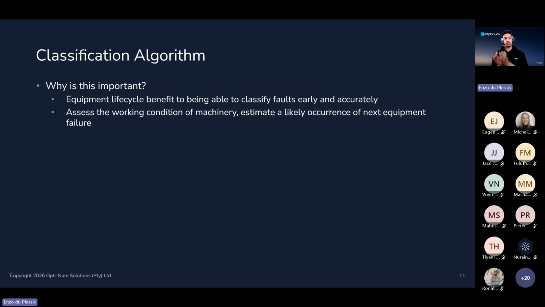And then we'll schedule a specific instance where that machine will undergo maintenance, rather than a service interval, for example, every year or every 2 years, especially if that specific machinery is still good to go for quite some time.